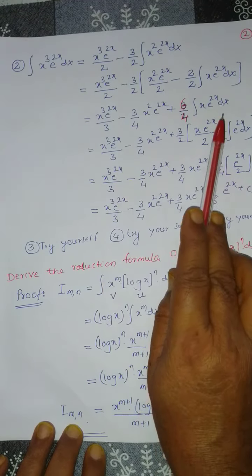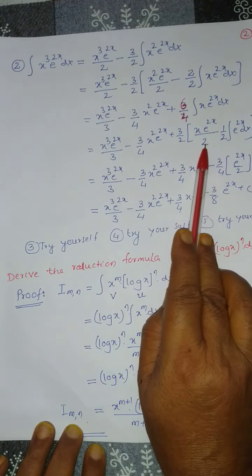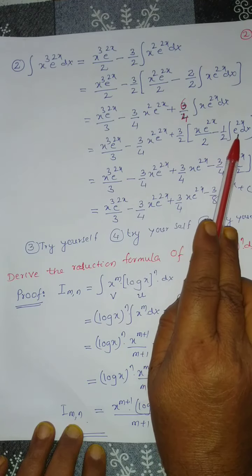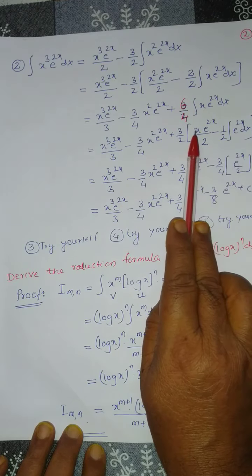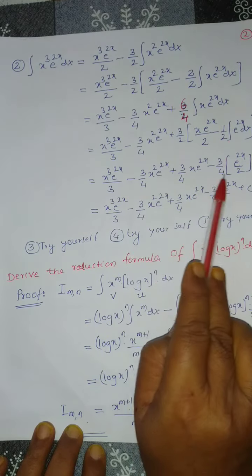Just simplify, again apply the reduction formula for this: x e raised to 2x upon 2, minus 1 by 2, because n by a, e raised to 2x, because 1 minus 1 is 0, x raised to 0 is 1. So this is the answer now.